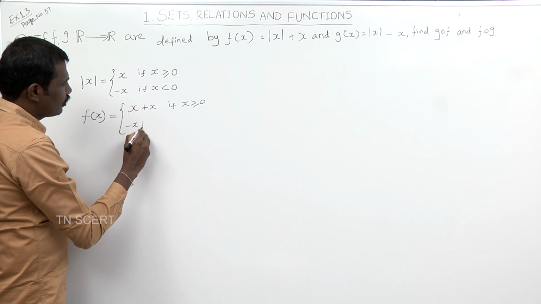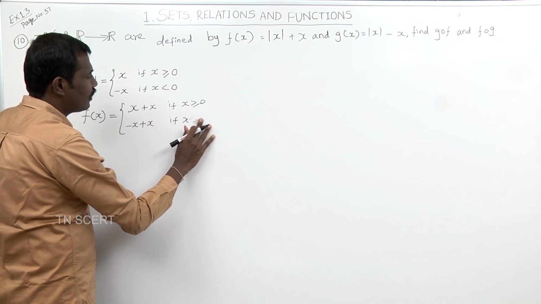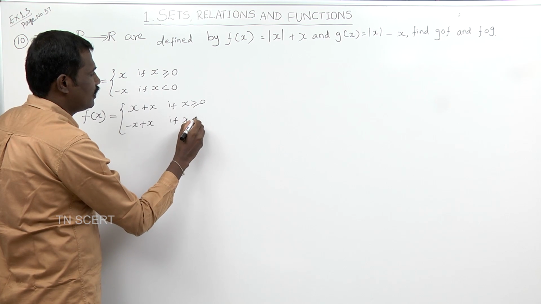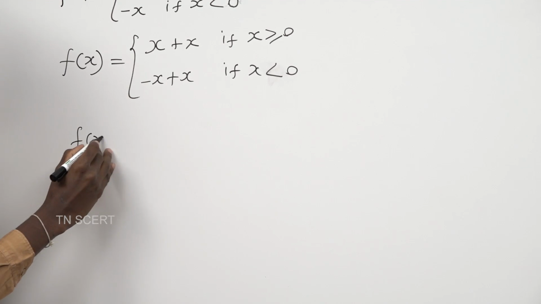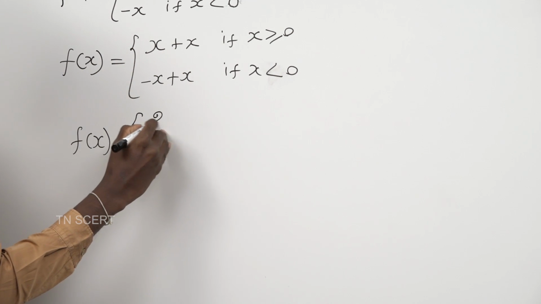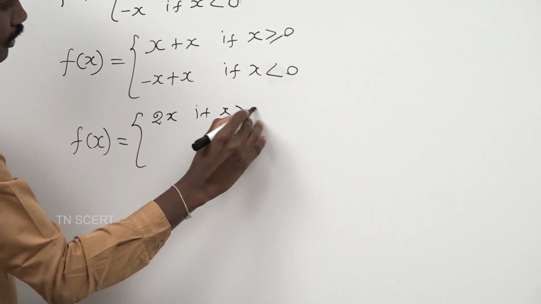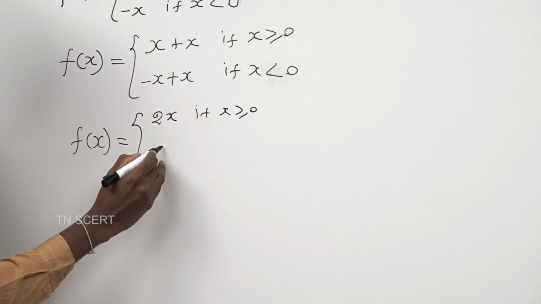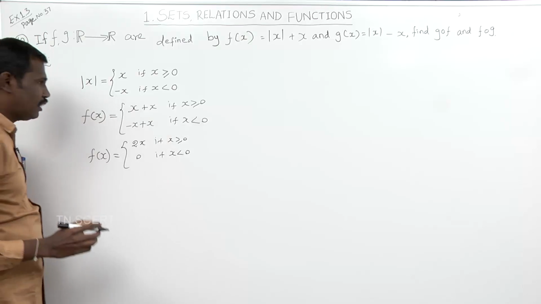So, minus x plus x if x is less than 0. That is, f of x equal to x plus x is 2x if x is non-negative, and minus x plus x becomes 0 if x is negative.